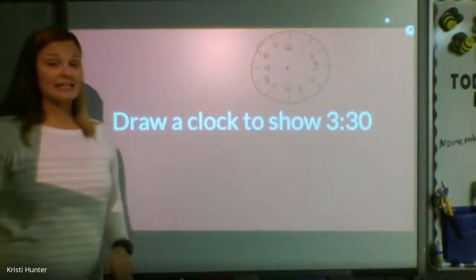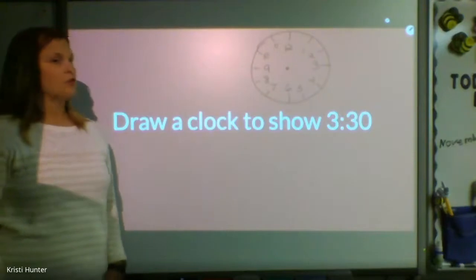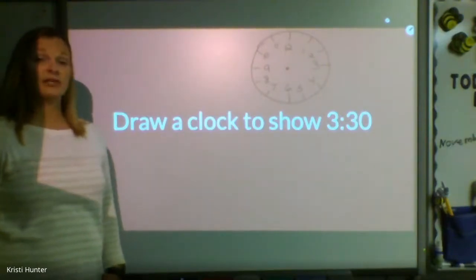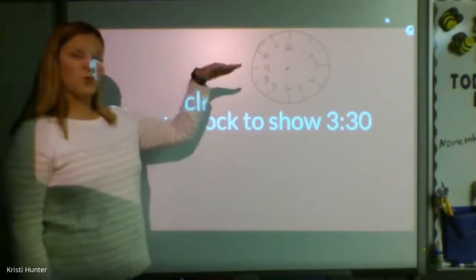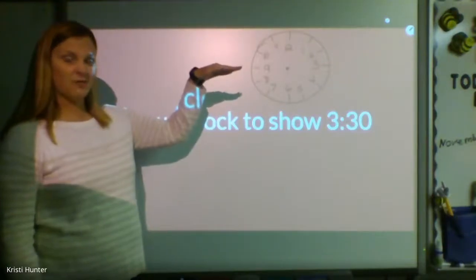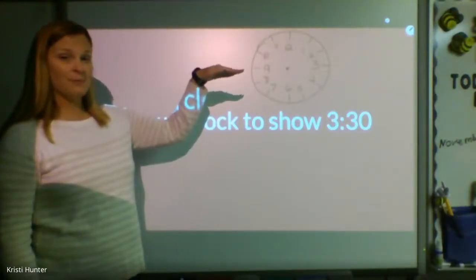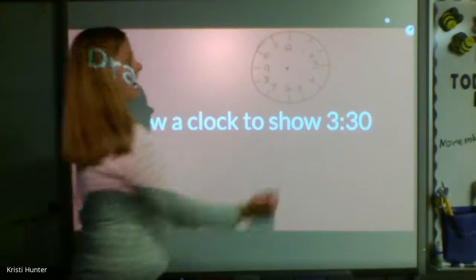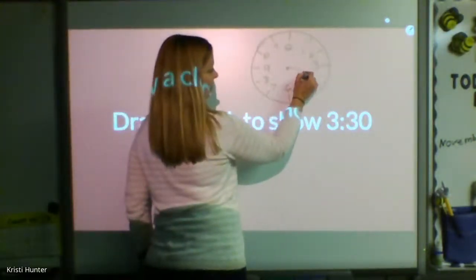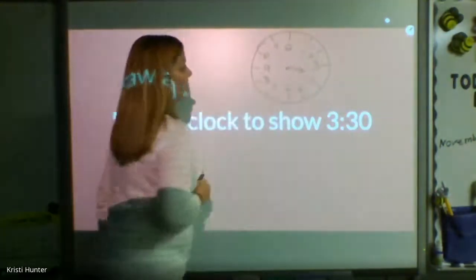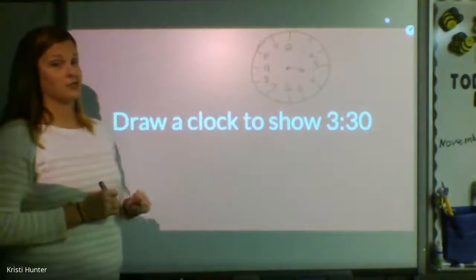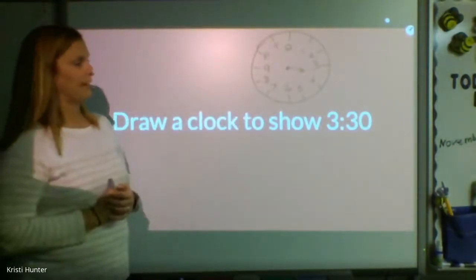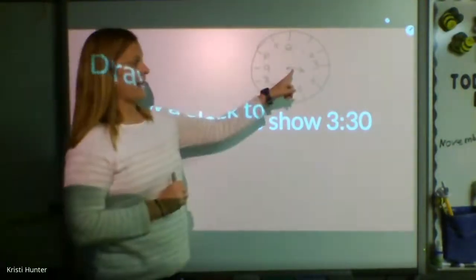Is it exactly 3 o'clock? No, it is 3:30. That means I don't want to point exactly to that 3 over there. That means I want to be in between 3 and 4. I want to show it's past 3 o'clock, but it's not 4 yet. So I'm going to point that direction, not touch it, just point. Now that's my hour hand.